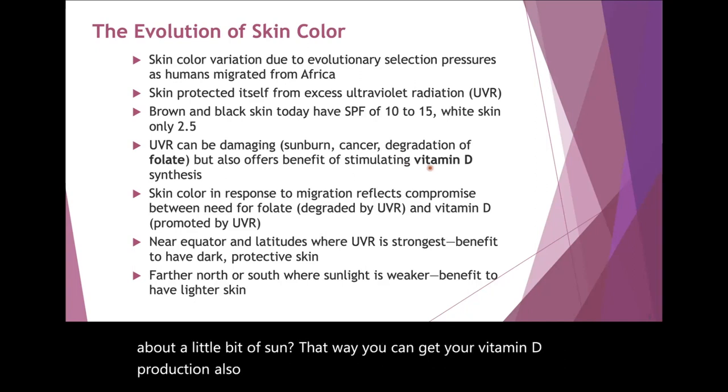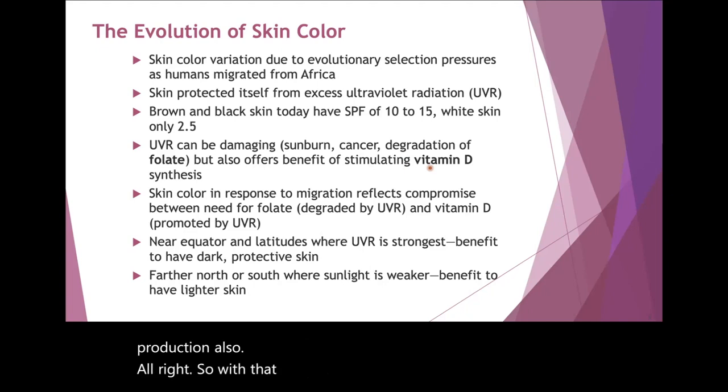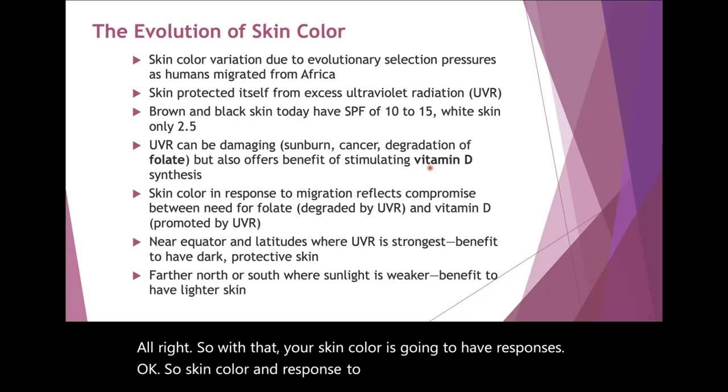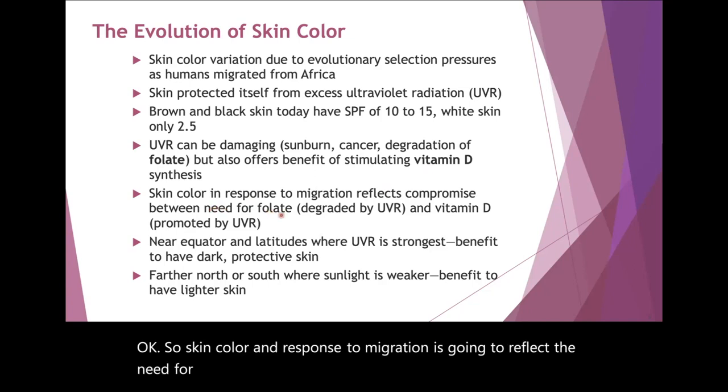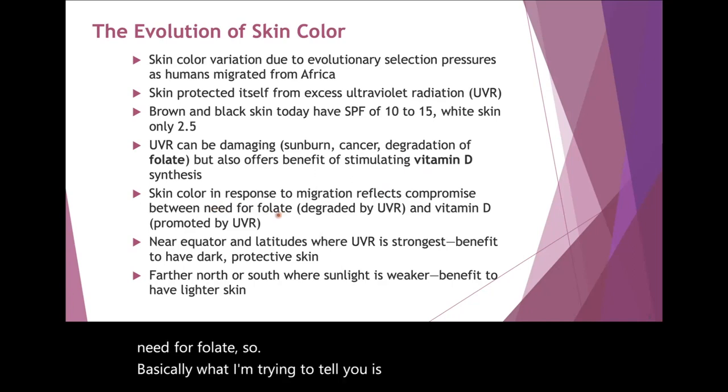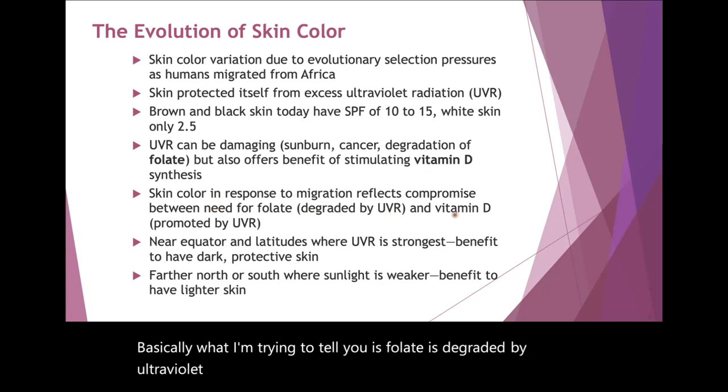All right, so with that, your skin color is going to have responses. Skin color in response to migration is going to reflect the need for folate. Basically what I'm trying to tell you is folate is degraded by ultraviolet radiation, and vitamin D is promoted by ultraviolet radiation.